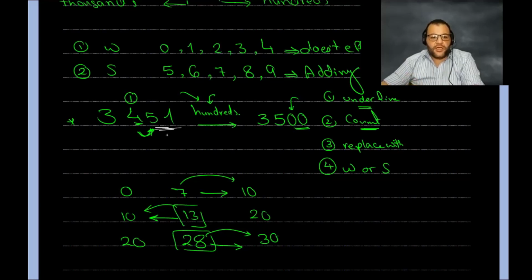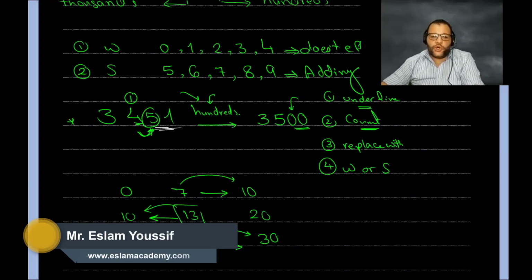Number 3, look at the number at the right. Is this number from the weak numbers or the strong numbers? The weak numbers are 0, 1, 2, 3, 4. And the strong numbers are 5, 6, 7, 8 and 9. So the number at the right is 5, which is from the strong numbers.